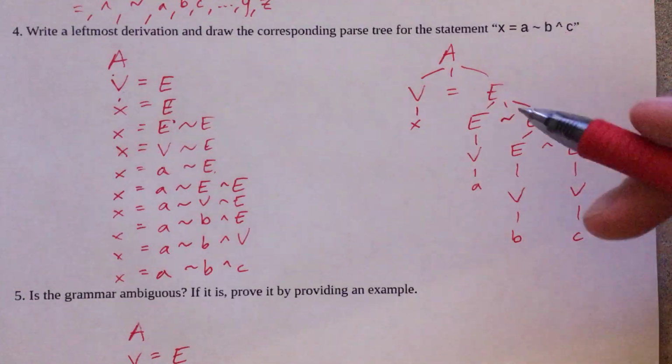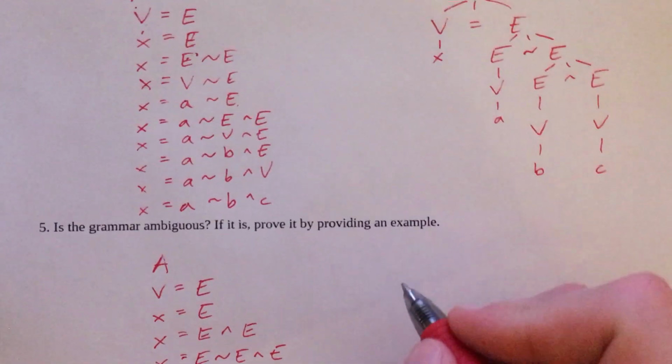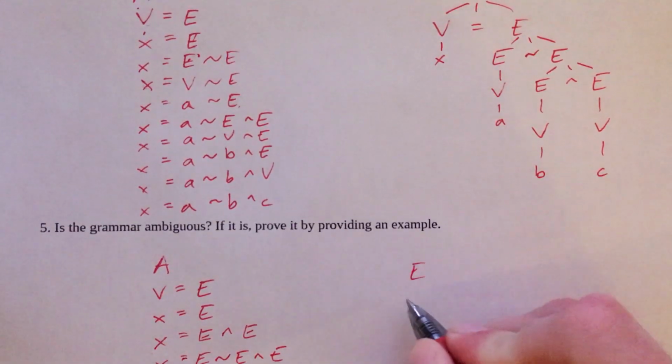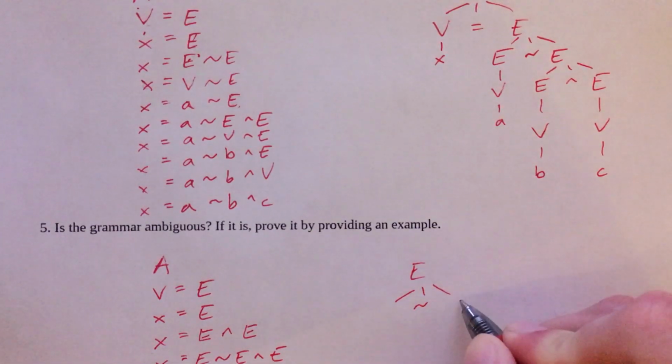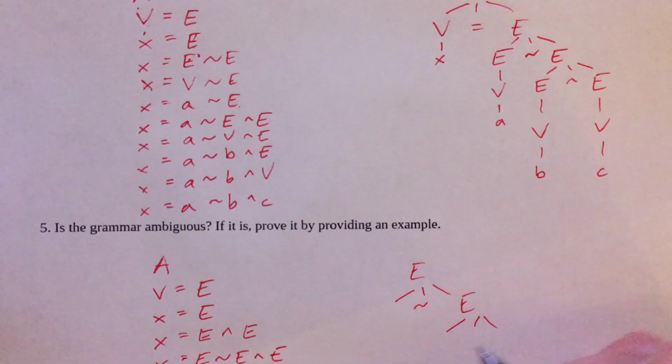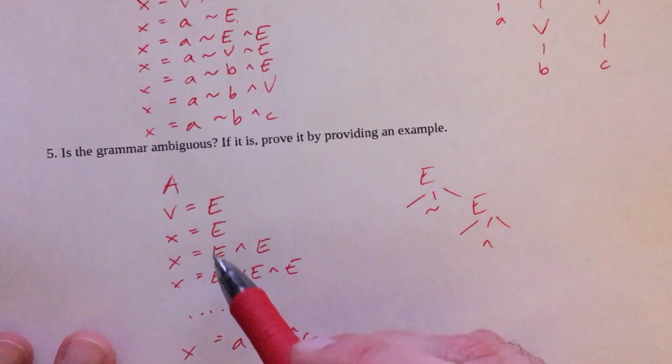We could have done the same thing with the parse tree here. So you can see the basic form of the parse tree here is, ignoring the assignment part, we have an E, and then a tilde, and then we have an E caret. So this is the basic structure for here.